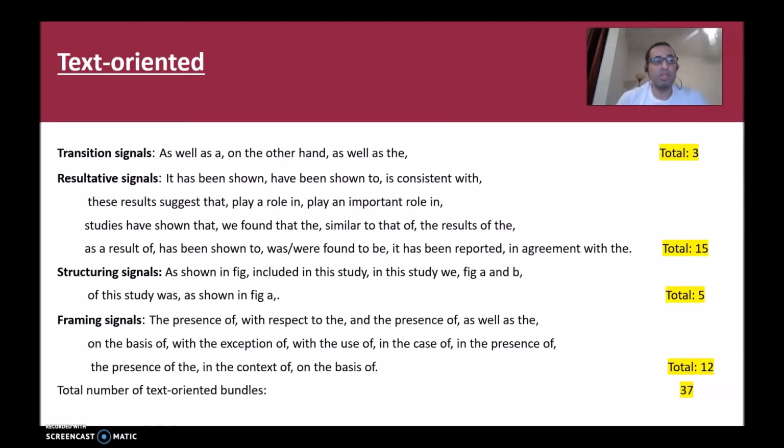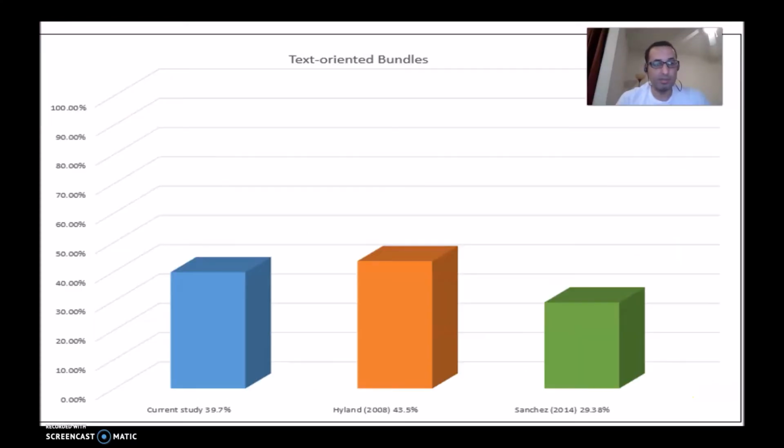When it comes to text-oriented, the most common one is resultative signals. It has been shown, have been shown to, is consistent with, these results suggest that. So these are examples of resultative signals. Again, the current study seems to be consistent with Hyland 2008.